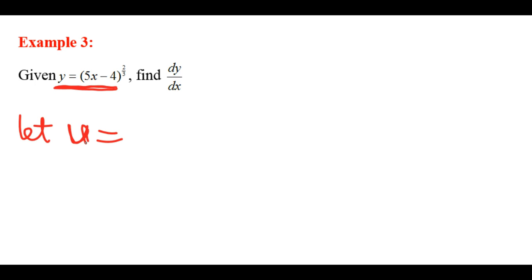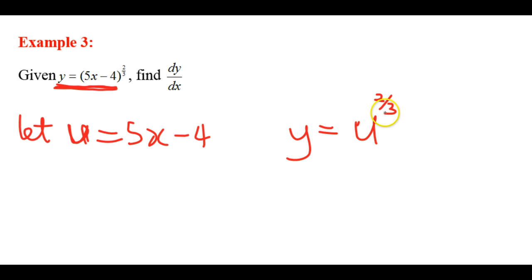Okay, so let u be equal to the interior function, which is this one, minus 4. In that case, rewriting your y, you are going to have y equals u to the power 2 on 3. So we differentiate u with respect to x, and the result will be 5. Okay, very cool.